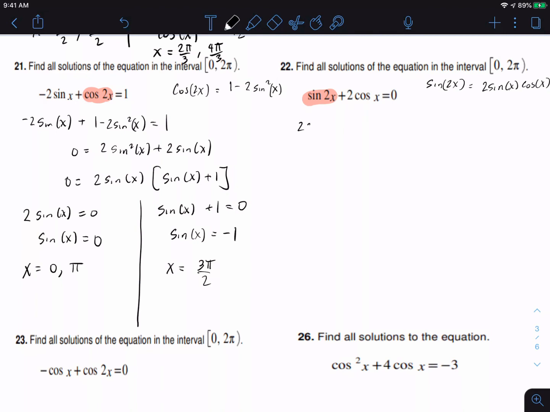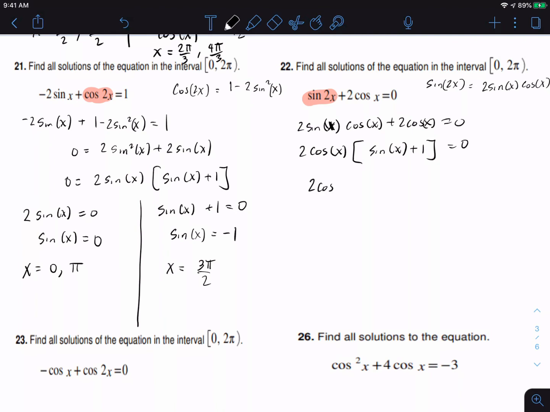I'm going to get 2 sine of x cosine of x plus 2 cosine of x is equal to 0. So I can pull out a 2 cosine of x, and I'm going to get sine of x plus 1 is equal to 0. And now I have my two factors for this.